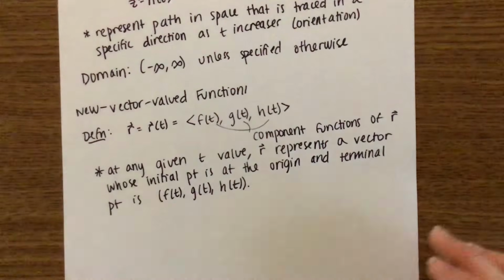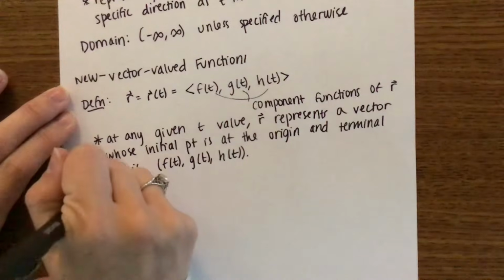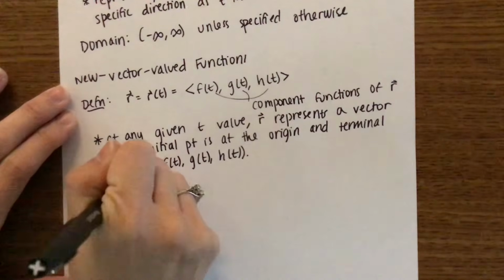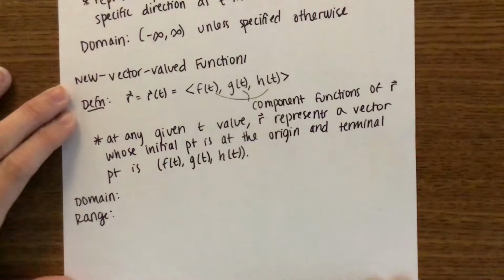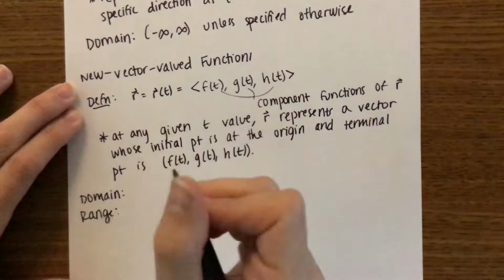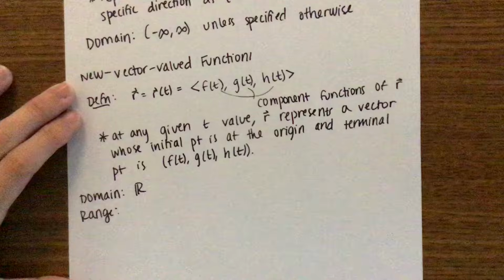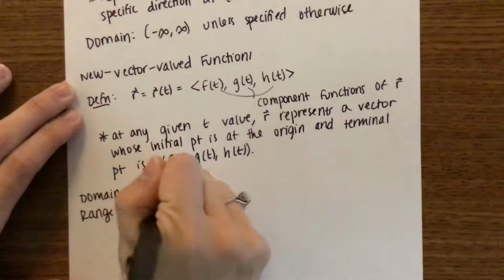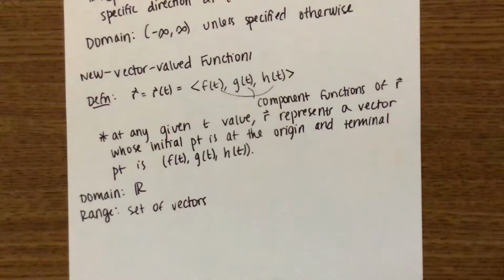So first thing that we're going to be interested in is graphs. So anytime you talk about graphs, of course, you're going to look at the domain and range. Domain for these vector valued functions is going to be all real numbers. Range is going to be a set of vectors. Most of the time, your domain is all real numbers. We're going to look at some cases where it's not.